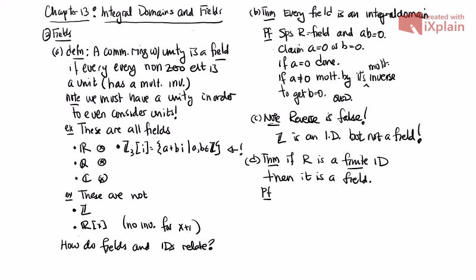We'll say let R be a finite integral domain, and let a be in R with a non-zero. What I need to do is find an inverse of a. Well, if a is 1, we're done.